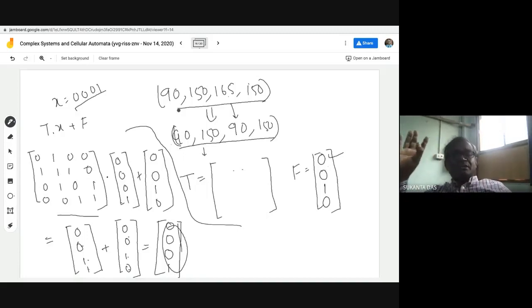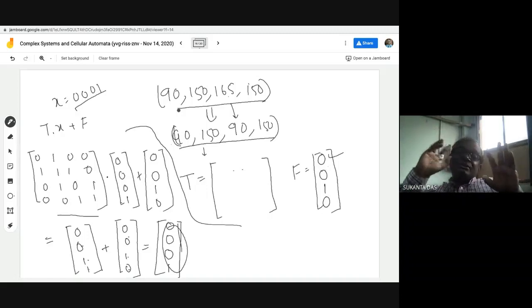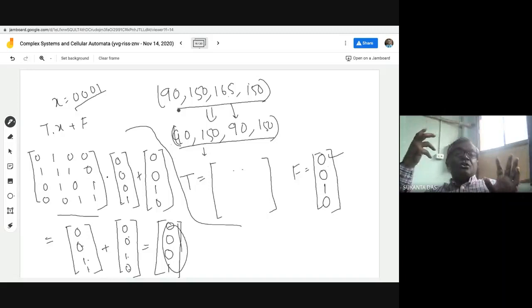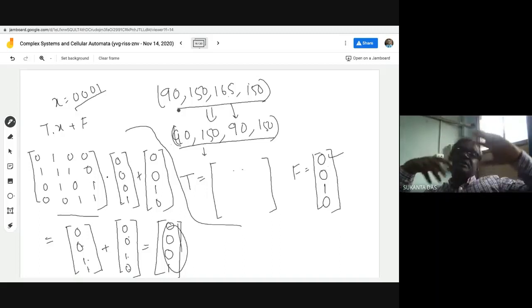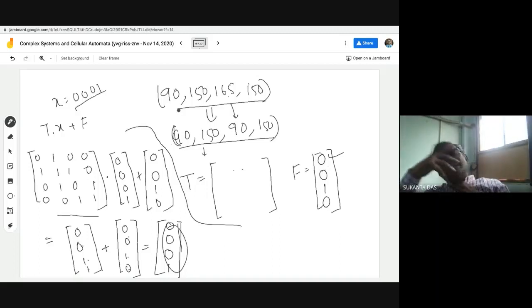There are some background theories which we shall not discuss here. But there are some cases where the transition diagram of a linear CA and its complementary CA derived from the linear CA may vary. In many cases they don't vary, but in some cases they do. That's an interesting point.